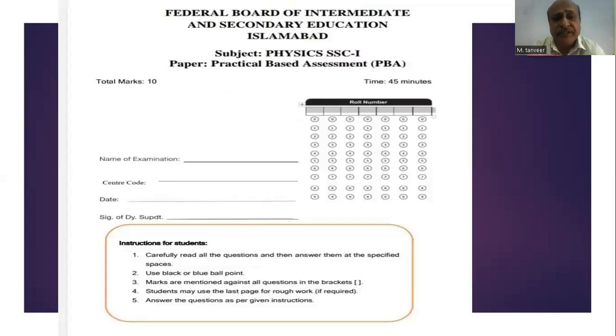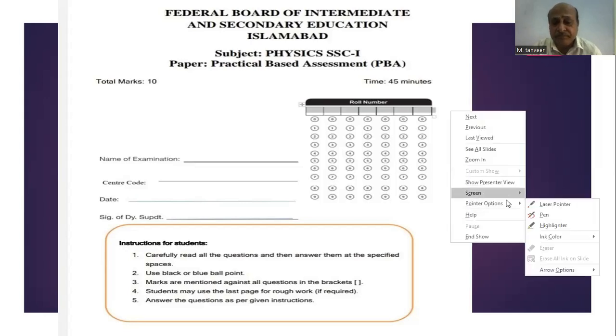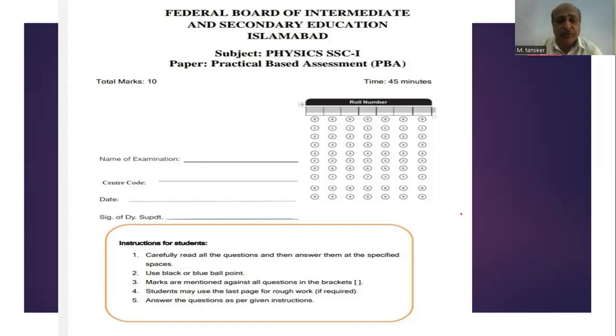This will be your practical based assessment answer sheet, first page. In this page, you have to fill these columns. The first is the name of the examination, so you have to write here SSC, Secondary School Certificate 1.